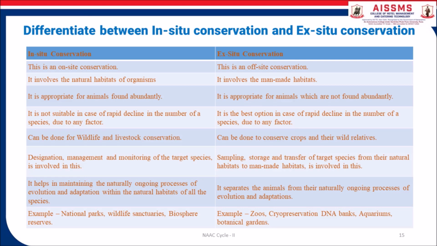In situ helps in maintaining the naturally ongoing processes of evolution and adaptation within the natural habitat of all the species, whereas ex situ conservation separates the animals from their naturally ongoing processes of evolution and adaptation.